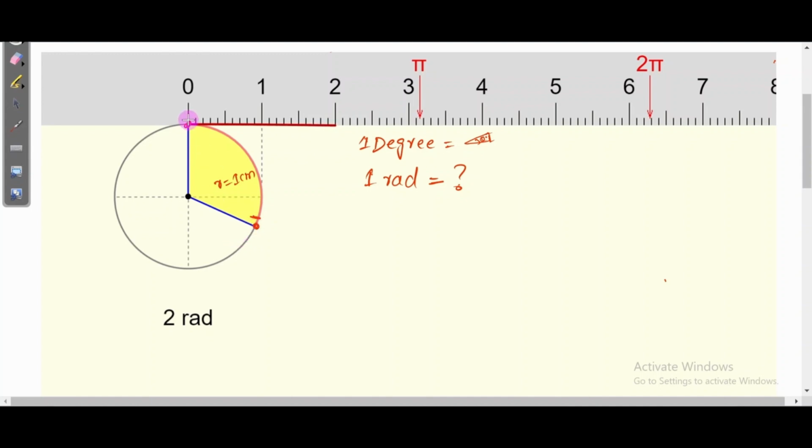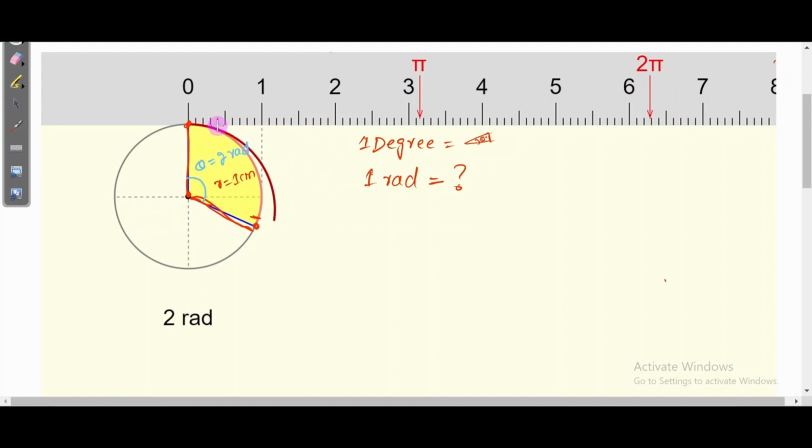If we connect the original position with the center, and the final position also with the center, it will make some angle theta. So let's say this is the original and this is the final position. In this case, the angle theta made is 2 radians.